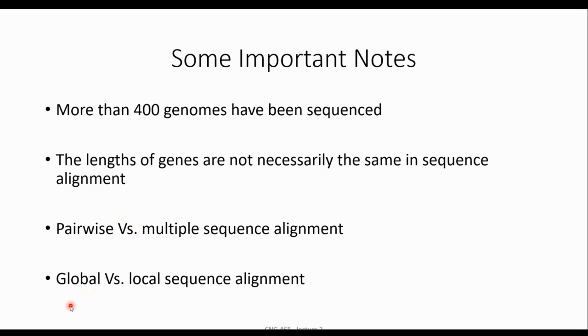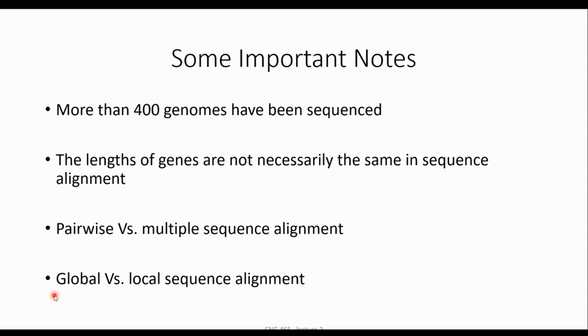And we have the terms global and local sequence alignment. When we talk about the global one, it means that we are comparing two sequences together with all of their components. For example, you are comparing all the nucleotides together, or maybe all the amino acids together.